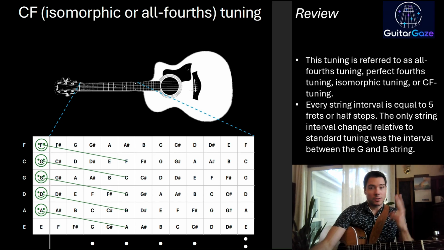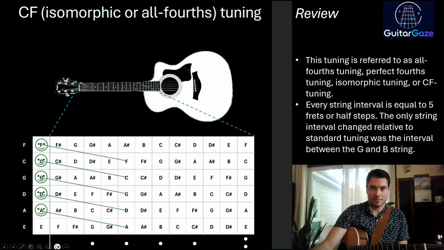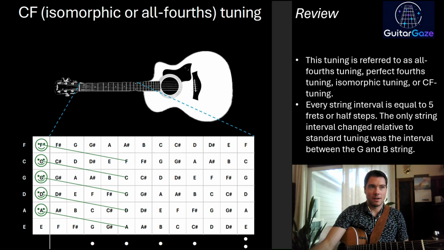So important thing number 2: if we make a slight adjustment to make all of those intervals the same by adjusting the B and the E string just 1 half step to C and F, then the intervals between all of the strings are equivalent to 5 half steps. And this makes the guitar isomorphic.